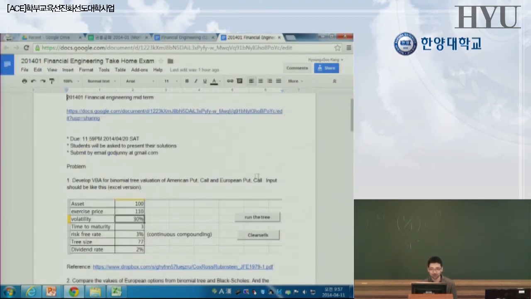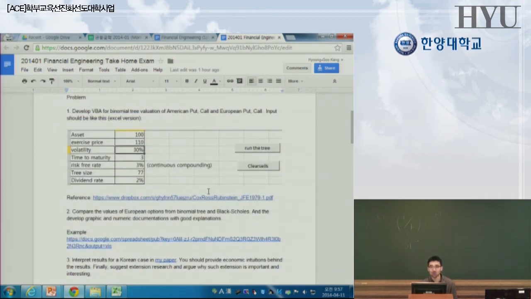As you can see, problem 1 is to write code: develop R code for binomial tree evaluation of American or European option, and the input should be like this.